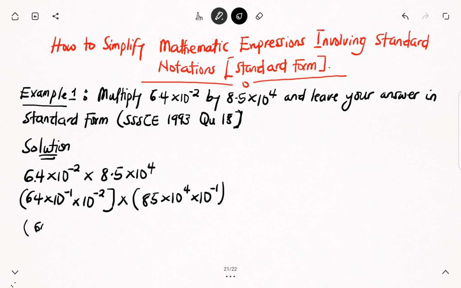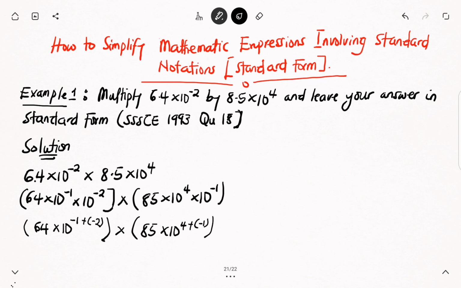So I have 64 times 10 raised to the power negative 1 over here. Well, when you're multiplying the same base with powers, you add the exponents. So I'm going to have negative 1 plus negative 2 here, then multiplied by 85 times 10 raised to the power 4 plus negative 1.